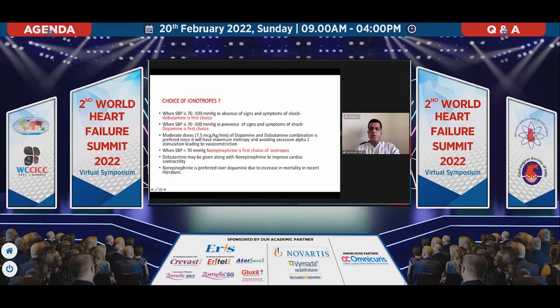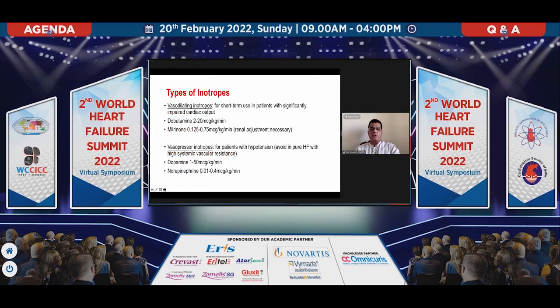In general, most of the time we use this because of the alpha 1 stimulation of dopamine. When the blood pressure is less than 70, norepinephrine is the drug we use nowadays, and norepinephrine is preferred over dopamine, due to the increased mortality in recent trials. So of late we are not using dopamine much, but norepinephrine. Dobutamine may be given along with norepinephrine to improve cardiac contractility.